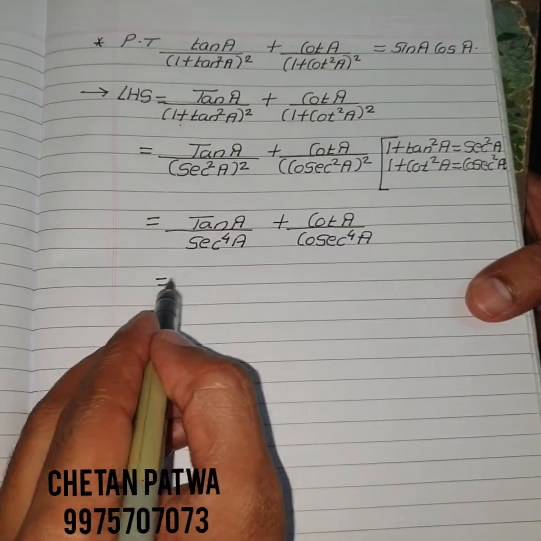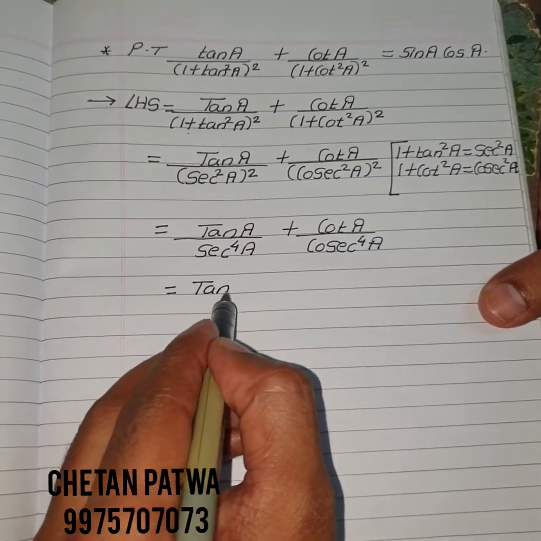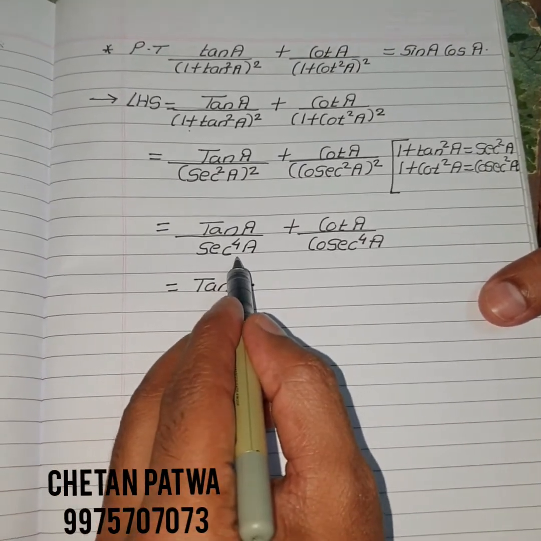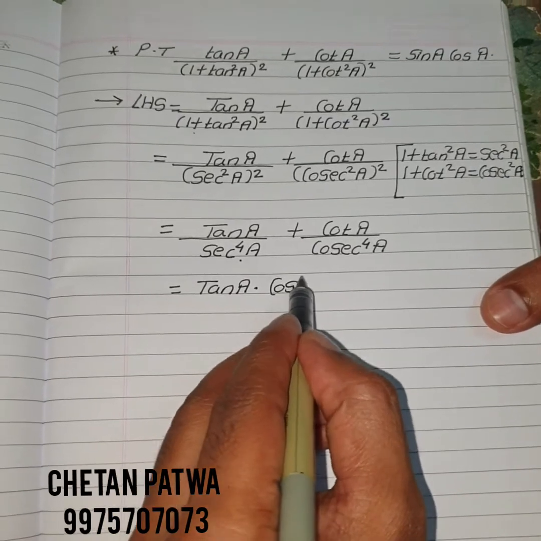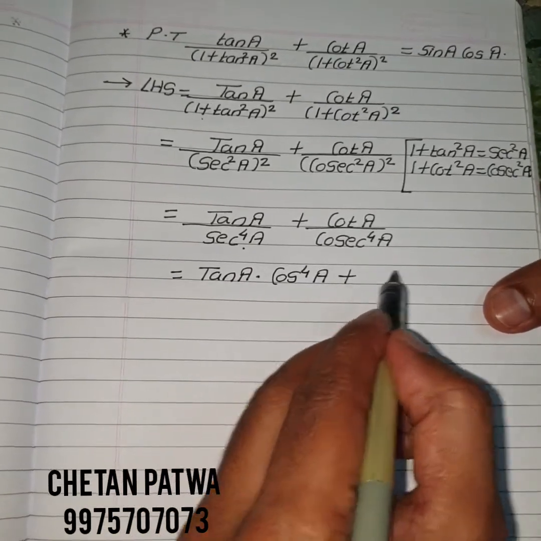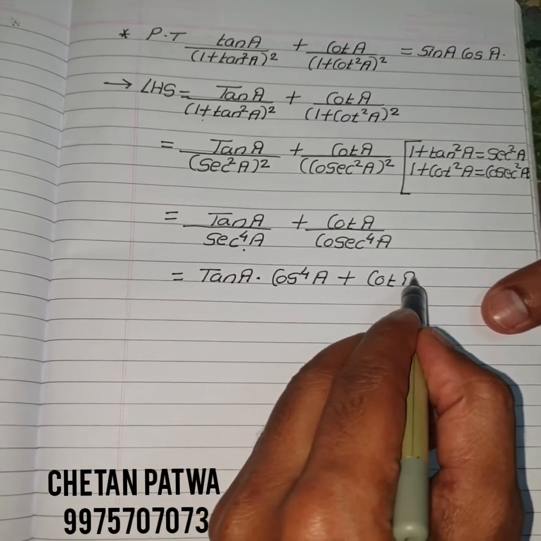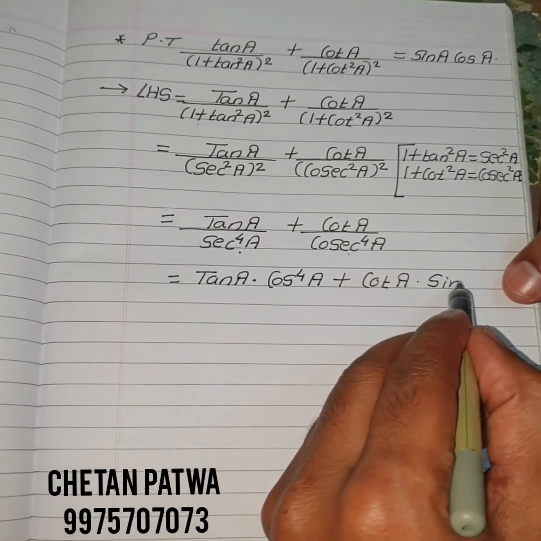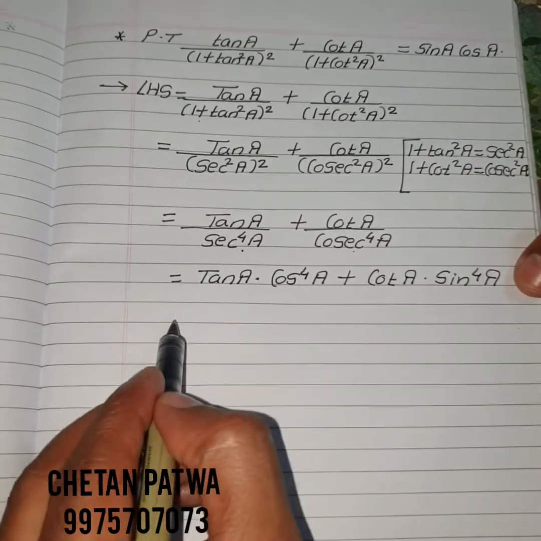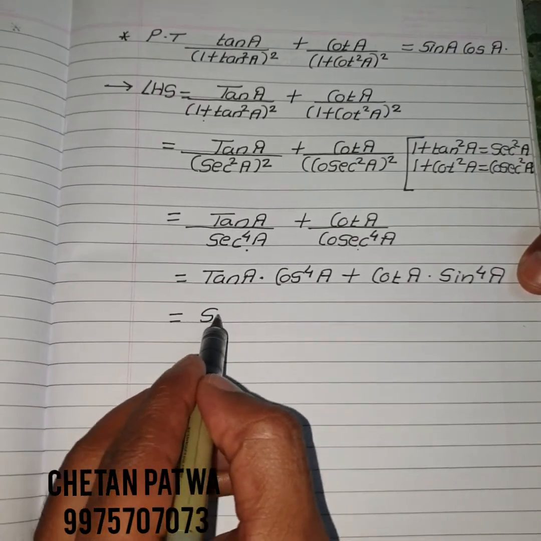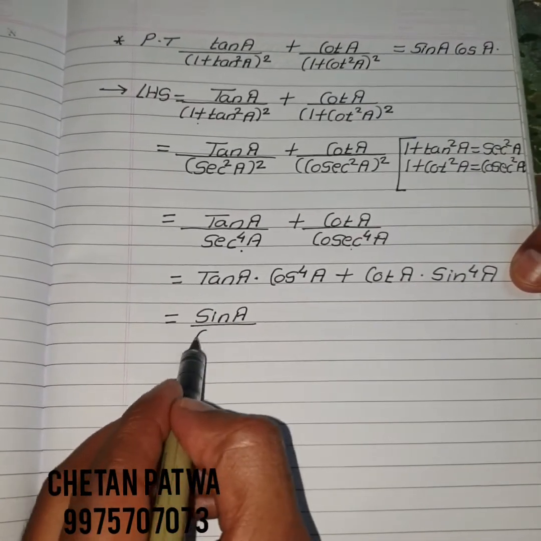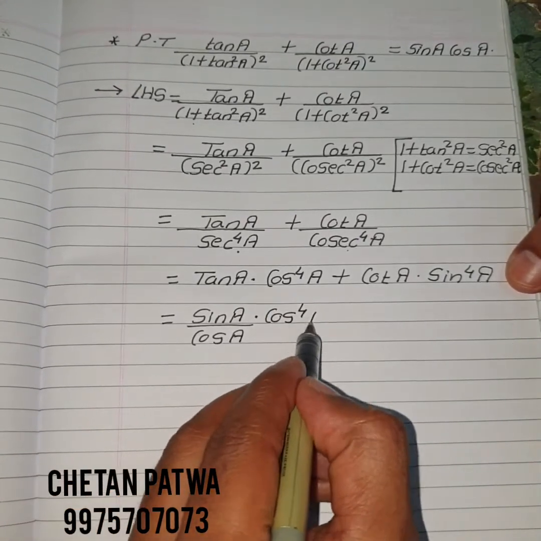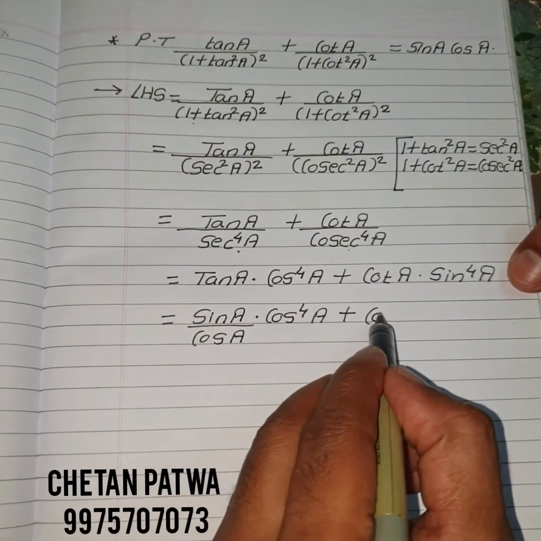That is equal to, now I am keeping this tan a as it is. Sec raised to 4a, if I transfer from denominator to numerator, it will be cos raised to 4a plus cot a as it is. Cosec raised to 4a, from denominator to numerator it will become sin raised to 4a. That is equal to, what is tan a? Sin a upon cos a multiplied by cos raised to 4a plus, what is cot a?